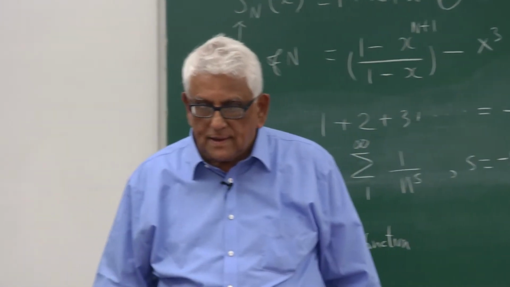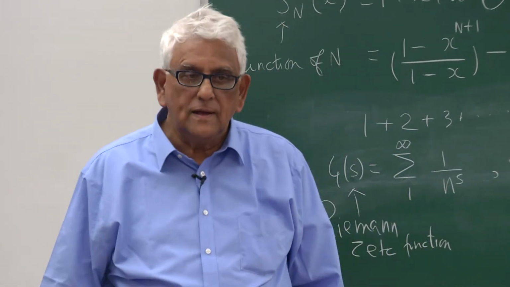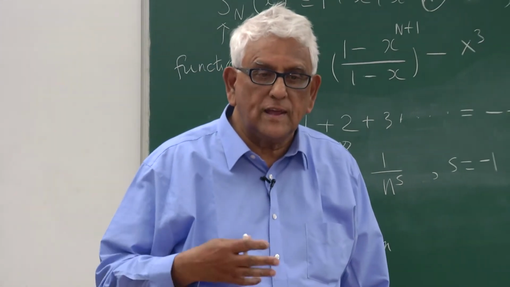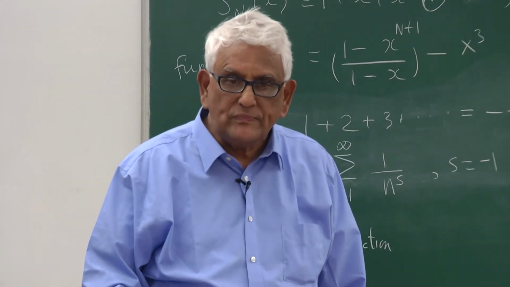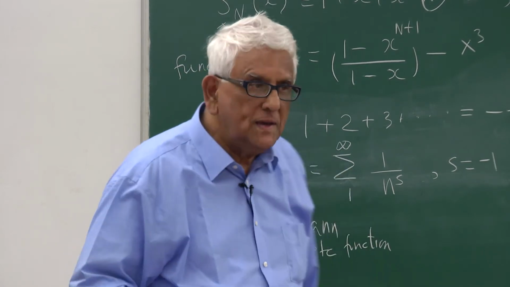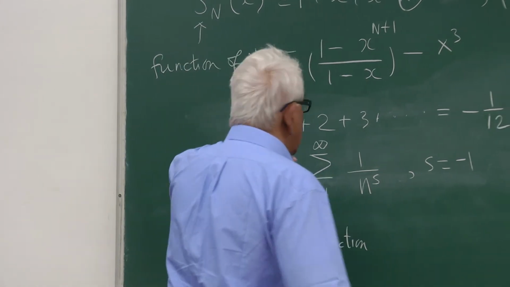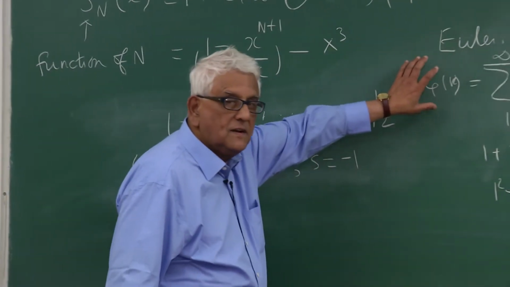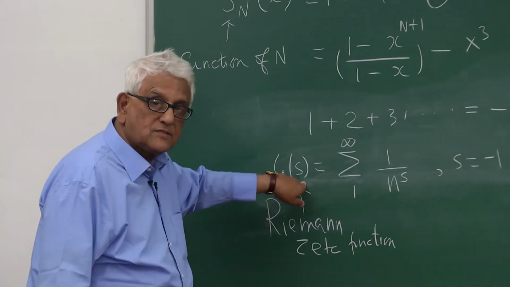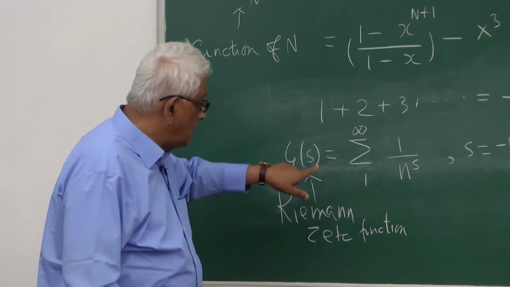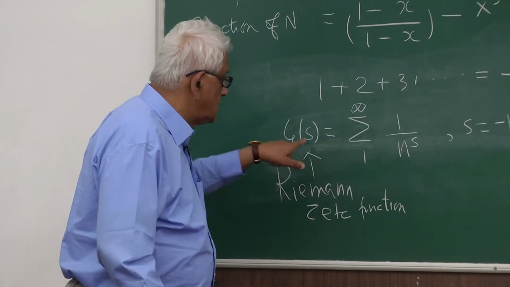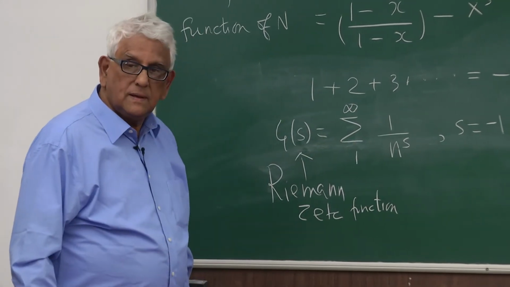But then along came Riemann, and Riemann had gone and attended some lectures by Dirichlet, and had picked up ideas of complex numbers. So he said, can I generalize this thing of Euler and make it complex, s complex? And once I've done that, then this is a function of a complex variable.